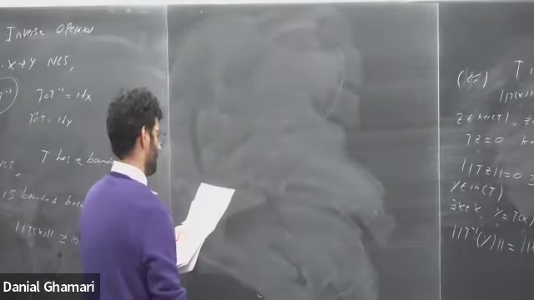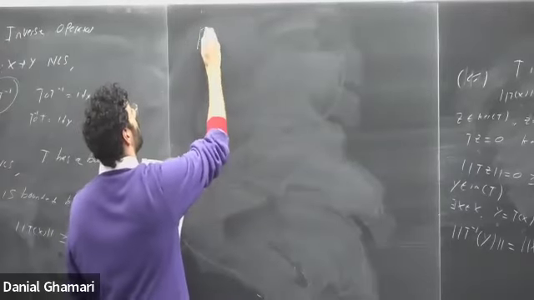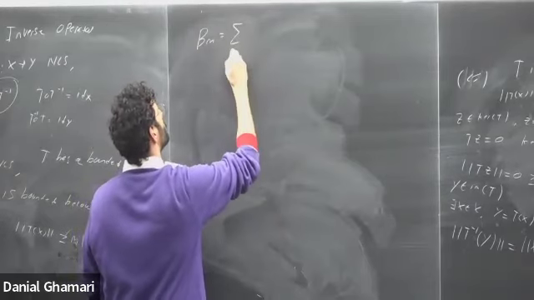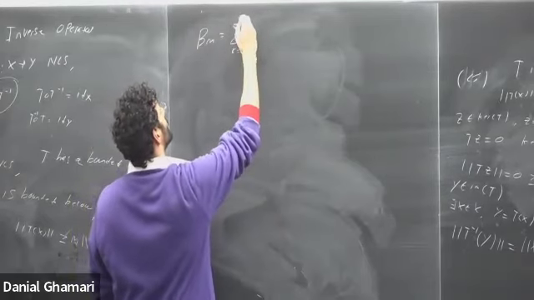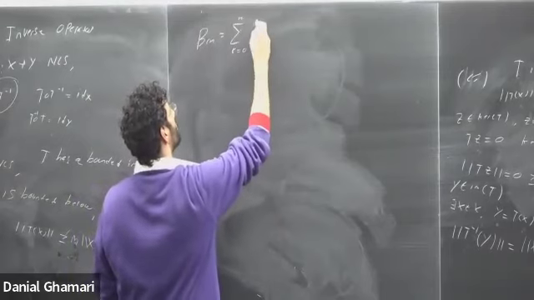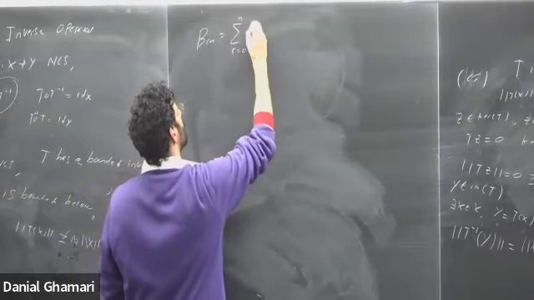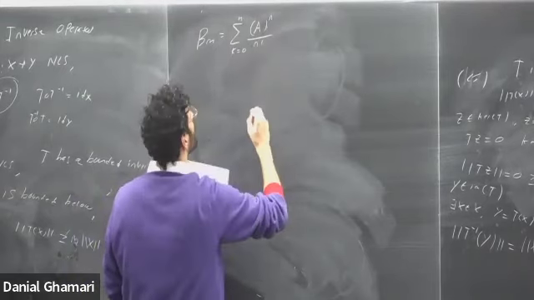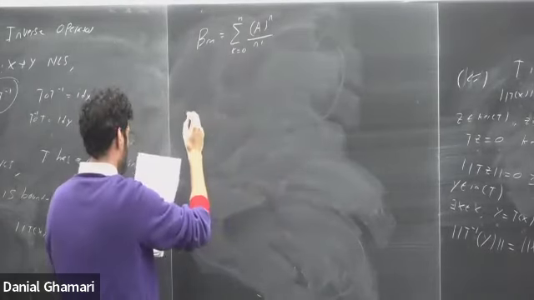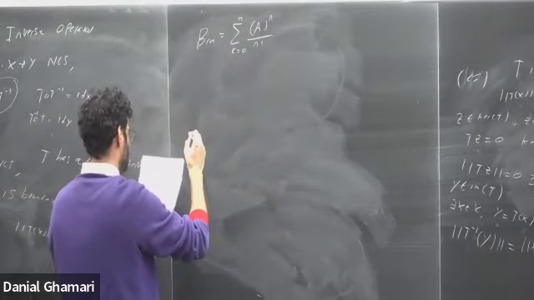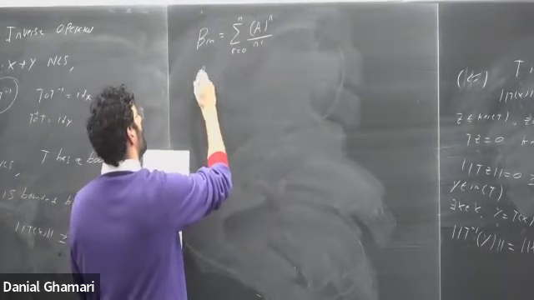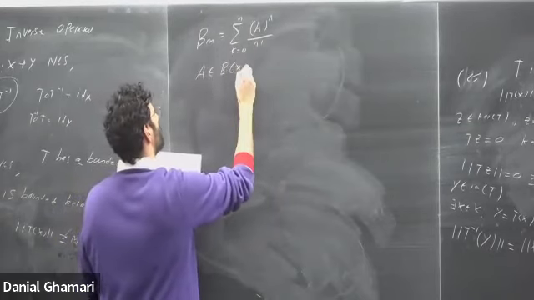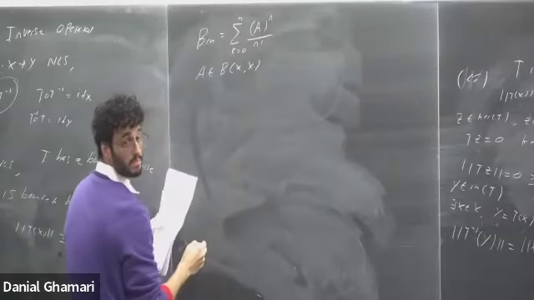So first, I'll define this Bn, which is defined to be equal to a partial sum from k equals 0 to n of a matrix A to the k over k factorial. Then we're going to show that if A is an element of the bounded linear operators. In the finite case?